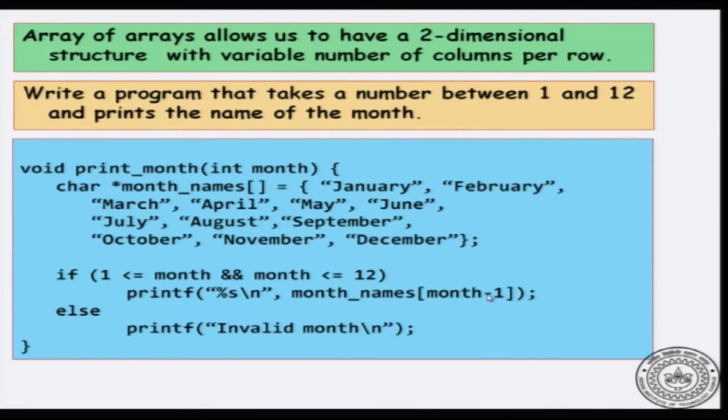Okay. So, if you give the month as 1, you will print month_names[0], which is January. If you give the month as 2, you will print month_names[1], which is February, and so on. Now, if the month is not in this range, it is an invalid month. So, you just print that and exit.